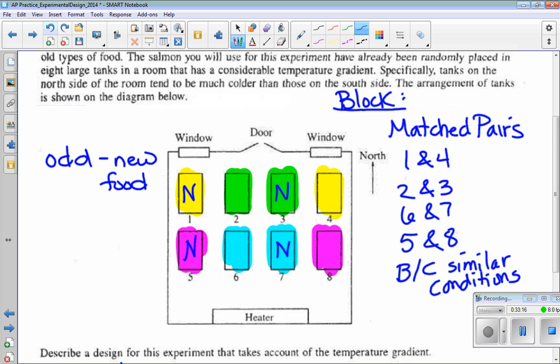Okay. So what am I going to do to follow up with this? Once I decide who gets the new food and who gets the old food, what am I going to look for? After so many weeks, months, I don't know, how long do salmon eat? After, just say 6 months? Yeah. Okay, so after 6 months, what am I going to do?